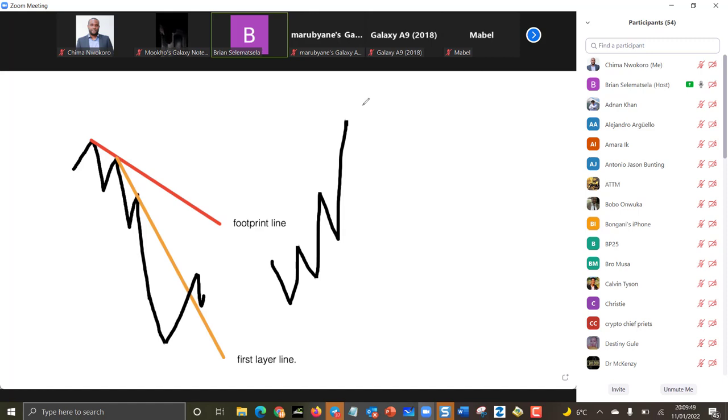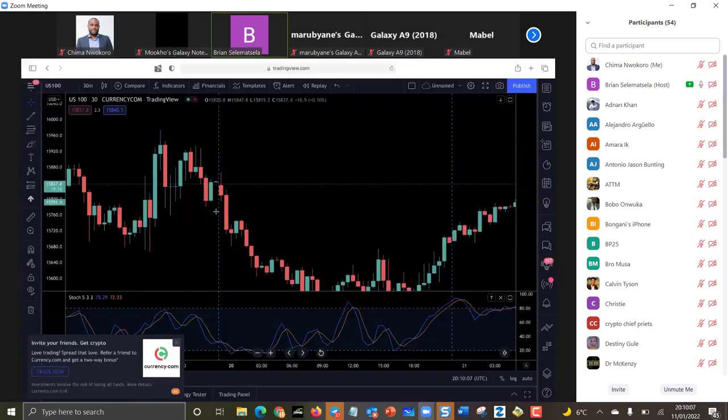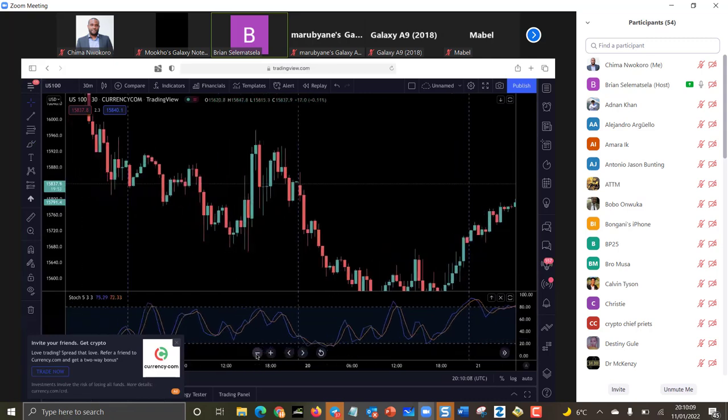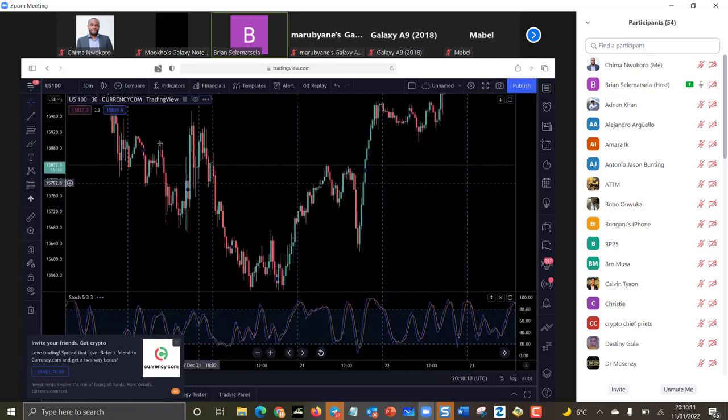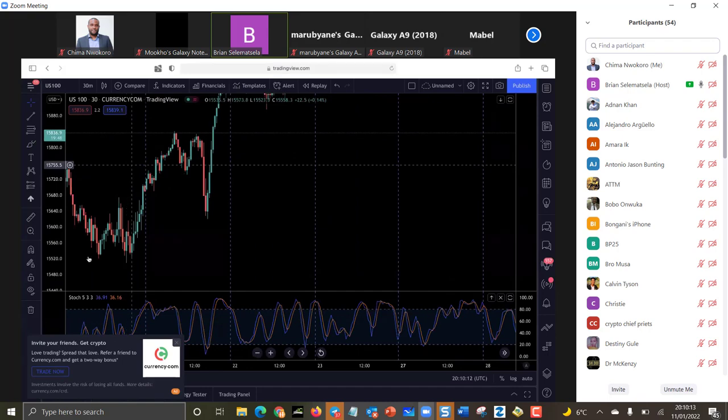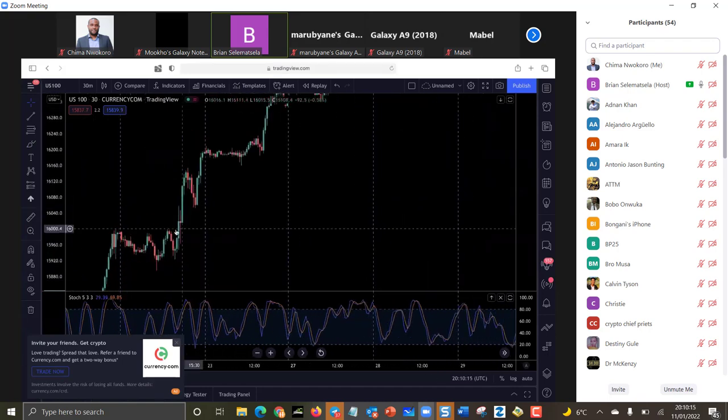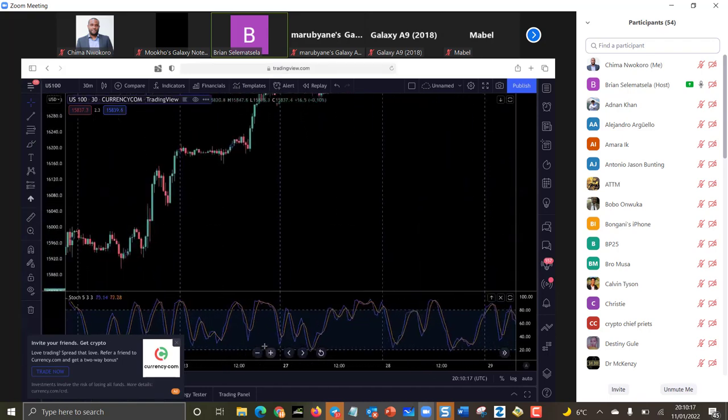So from there, what we're going to do is plot divergence between this point and that point. And I want to show you how the divergence is plotted.